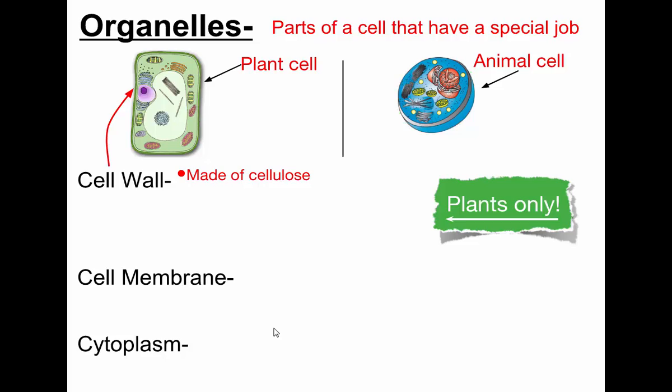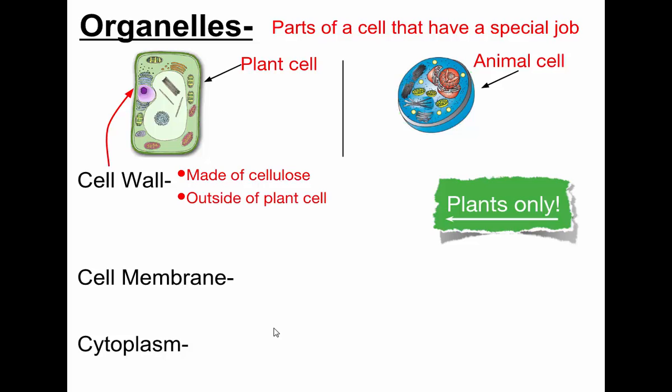Cellulose is a non-living, durable, strong material. This piece of cork that I passed around, what you're holding on to is the leftover cellulose from millions of plant cells. Cellulose is what makes up wood, and the bulk of lettuce is mostly cellulose.